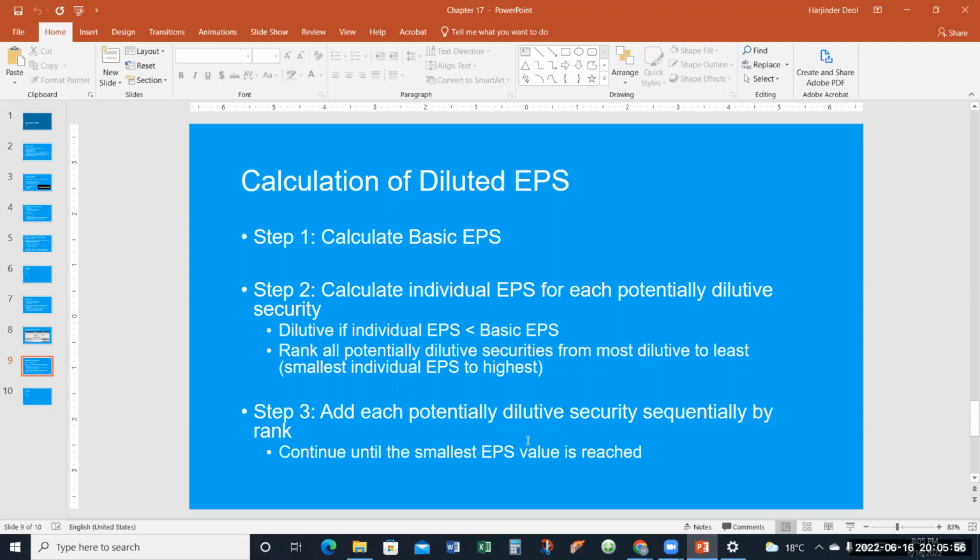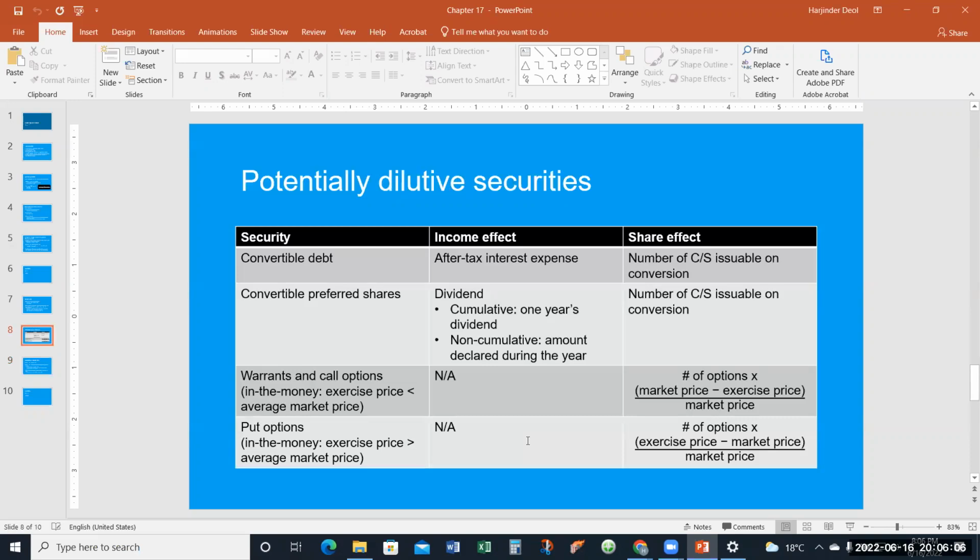And then what you got to do is calculate the individual earnings per share for each of these potentially dilutive securities. And again, a reminder, what are potential dilutive securities? Could be convertible bonds, convertible preferred shares. And keep in mind, a company can have more than one type of bonds. The company can have more than one type of convertible preferred shares, right?